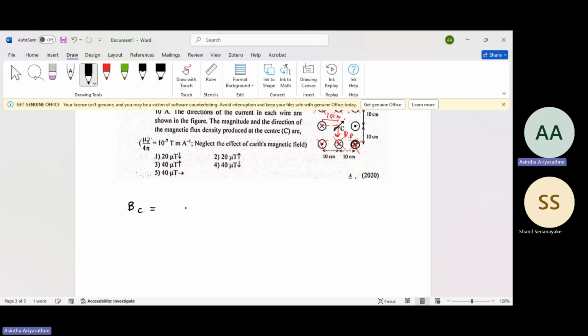Let's see. Due to a long current carrying conductor, it is mu naught I over 2 pi r. And multiply by 2, because there are two conductors, this one and this one.